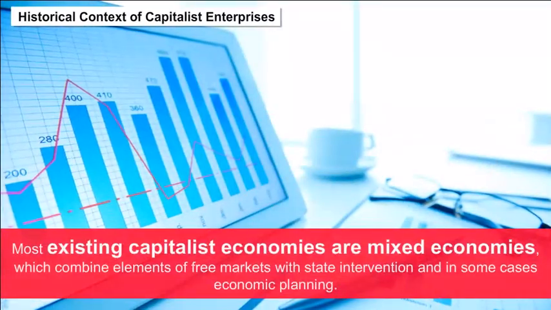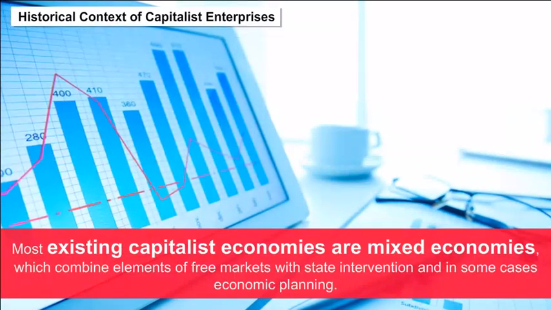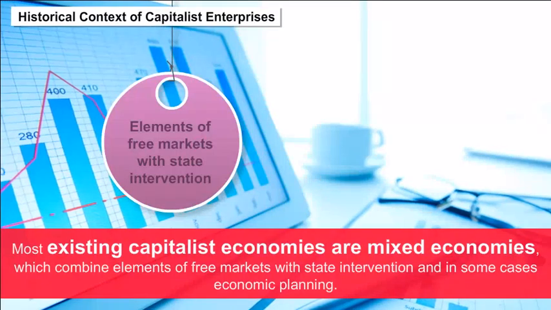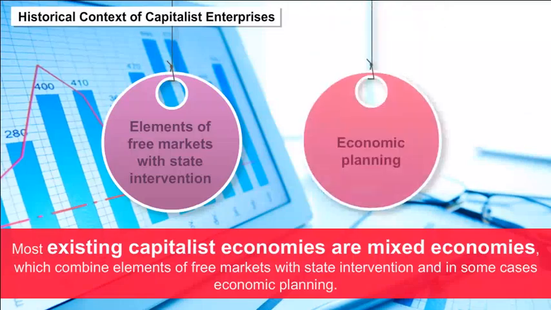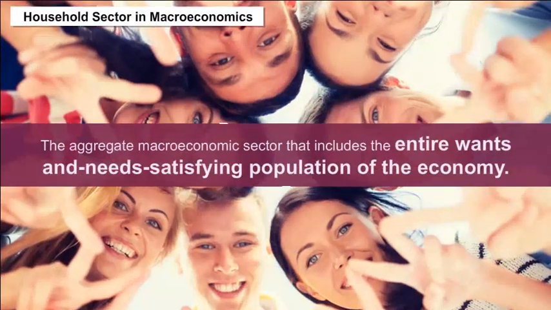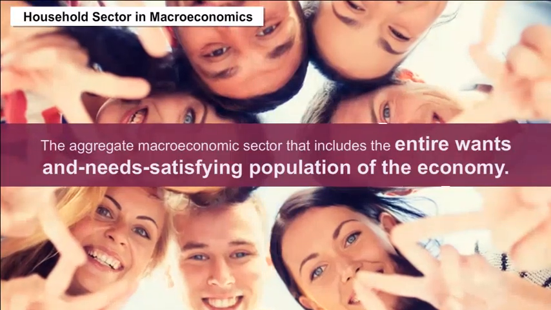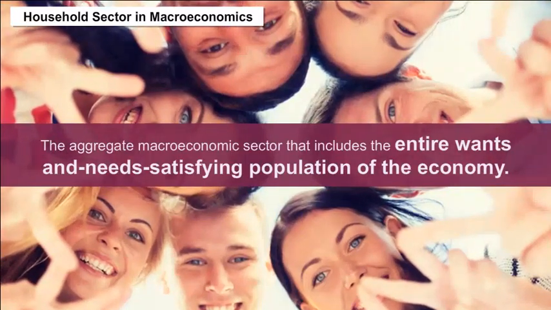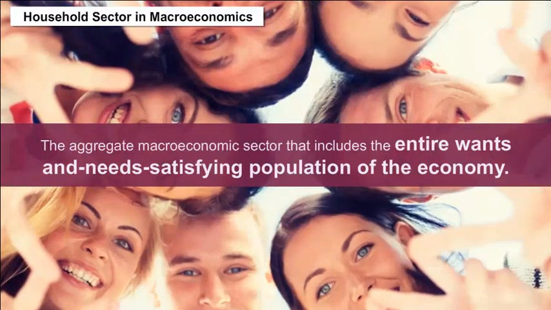Most existing capitalist economies are mixed economies, which combine elements of free markets with state intervention and, in some cases, economic planning. Household sectors in macroeconomics. The aggregate macroeconomic sector that includes the entire wants and needs satisfying population of the economy.